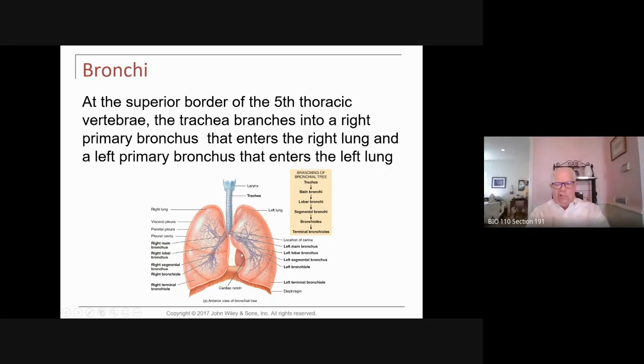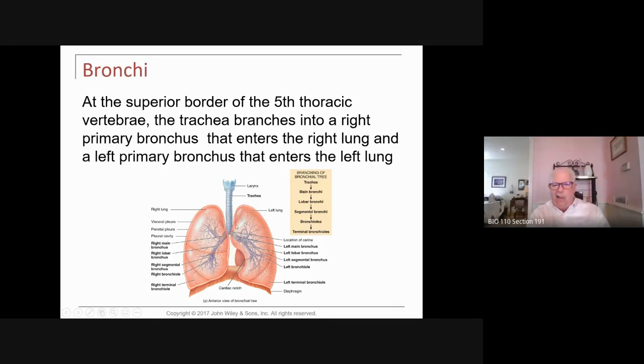I also want you to look at this slide because it shows you that the right lung and the left lung are not equal. The right lung has 3 lobes: the right upper lobe, the right middle lobe, and the right lower lobe.